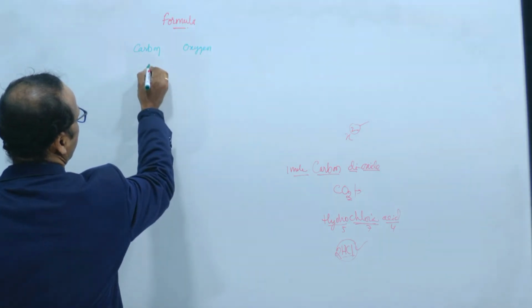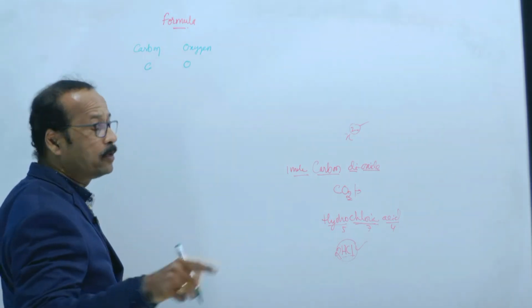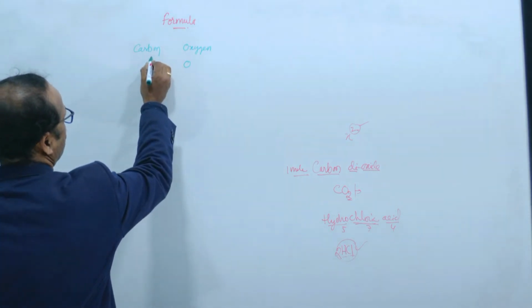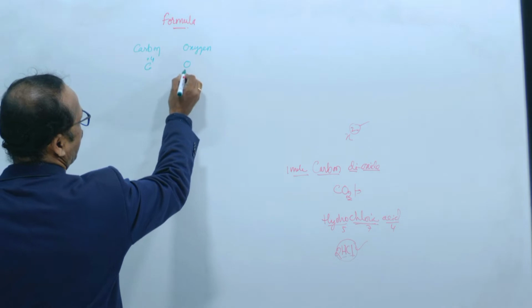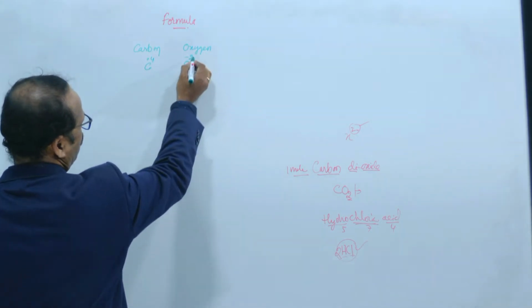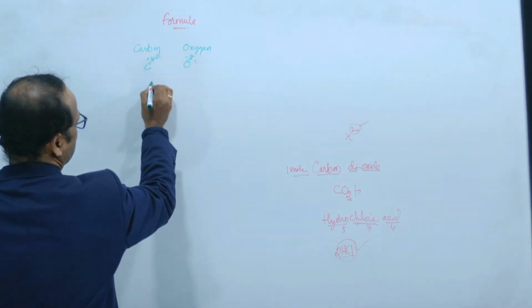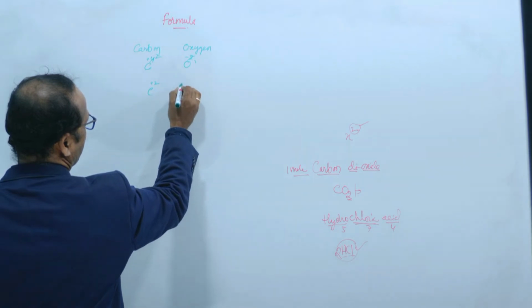Then we write the symbol of carbon C, oxygen symbol O. Then you have to write the valency: carbon is plus 4 and oxygen is minus 2. You can cancel, two 1s are 2, two 2s are 4, so this becomes plus 2 and this becomes minus 1.